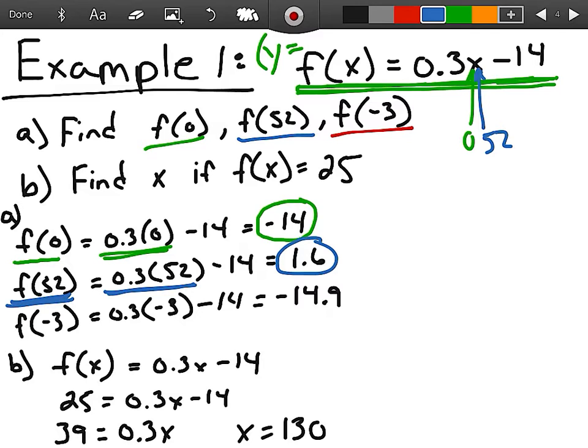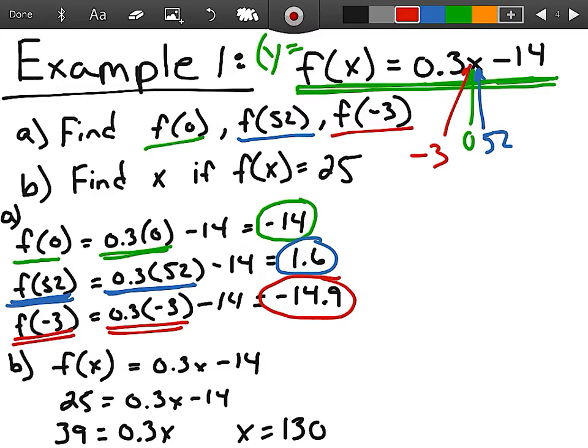And then the last one that they want you to see is f of -3, which I said was the red one. So you put in 0.3 times -3 because, again, I'm putting a -3 right there where the x is. And then you get -14.9.